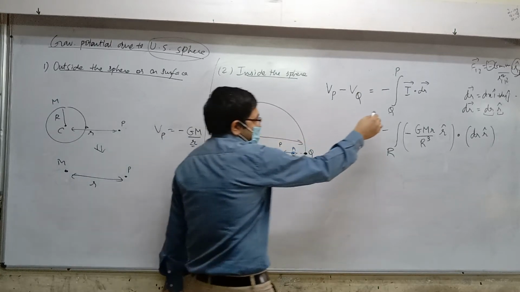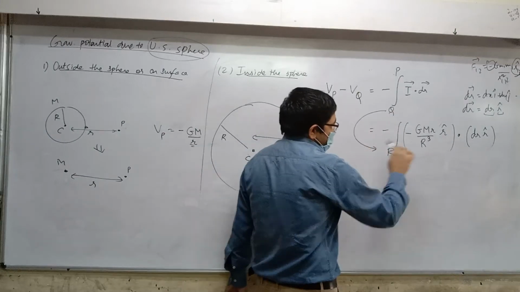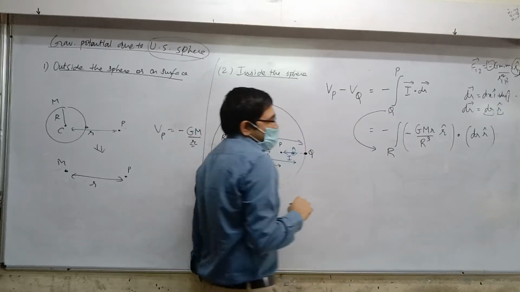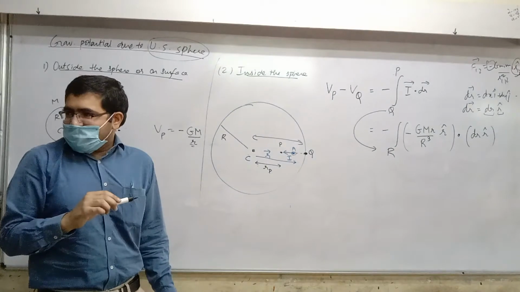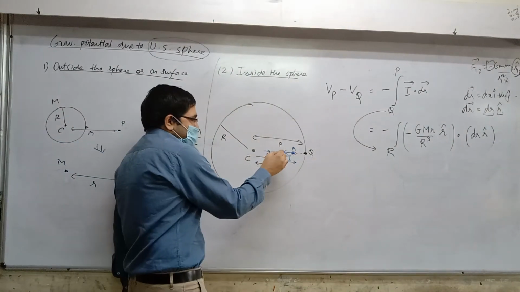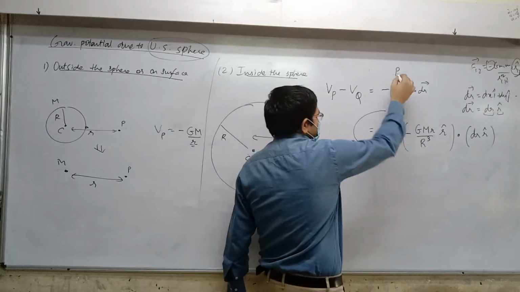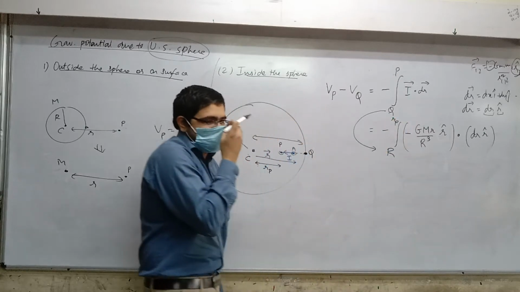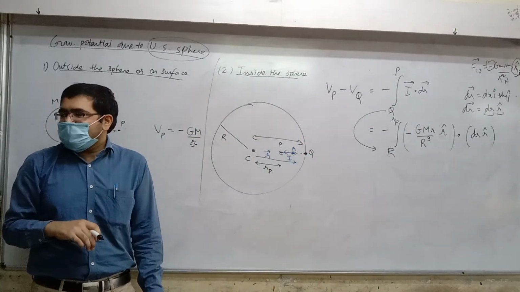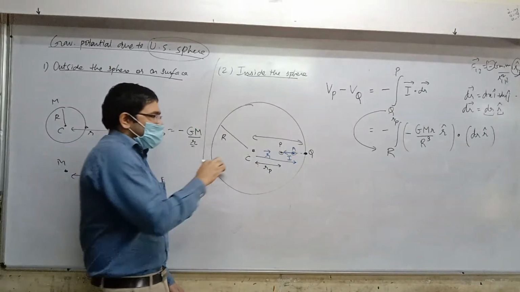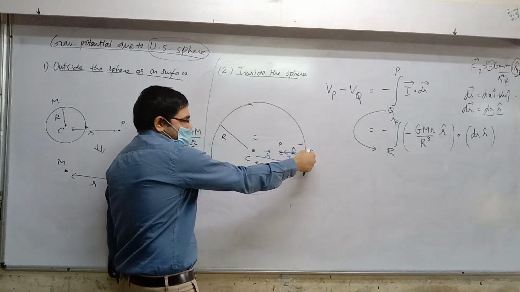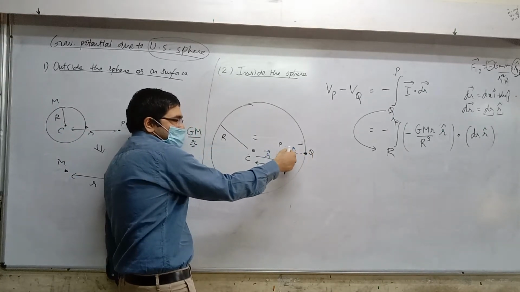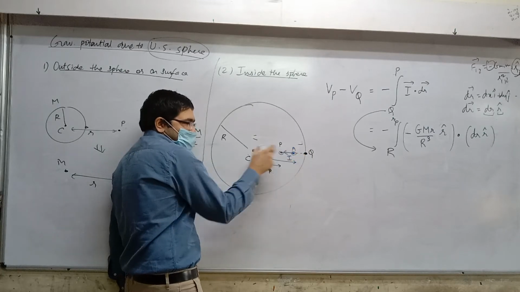Capital R. And finally when we reach point P, the distance becomes rp. Did you understand? Yes. Again, look at this diagram. We start from Q, we go to P. So when we start, the distance from center is capital R.